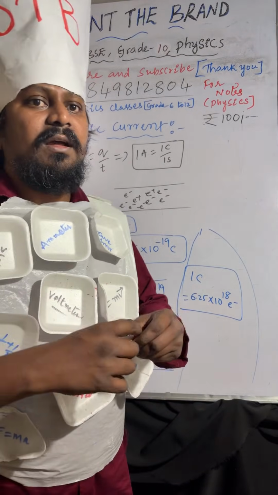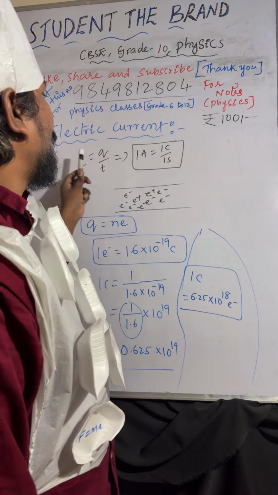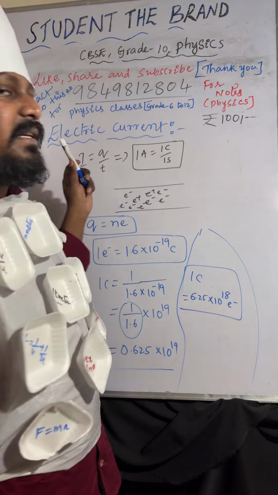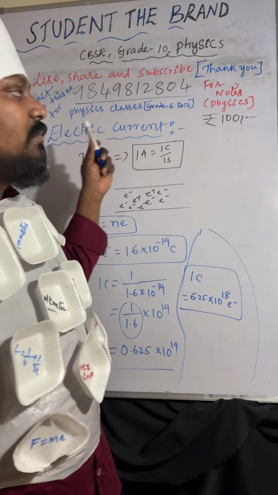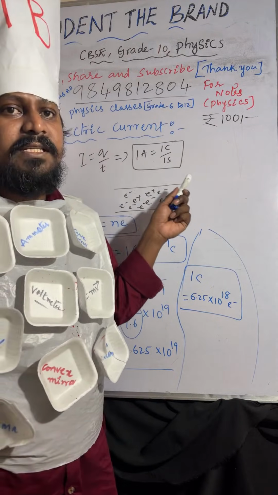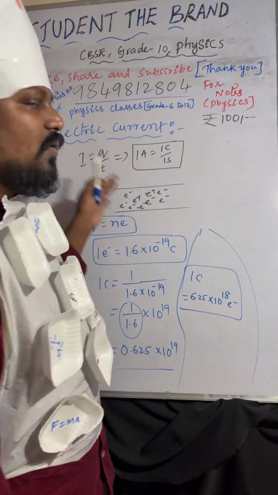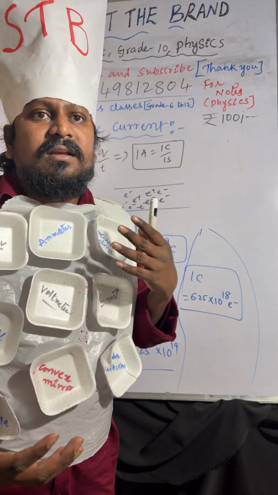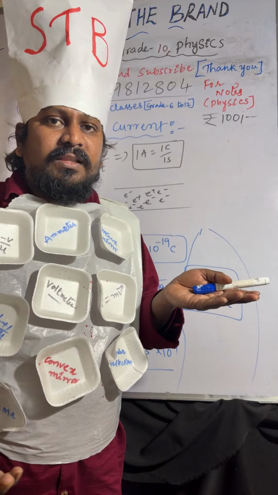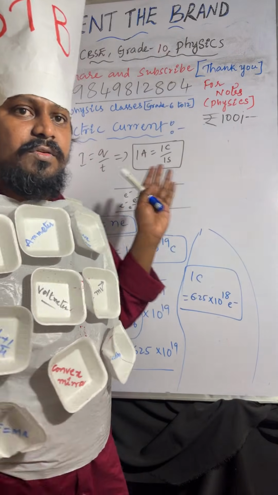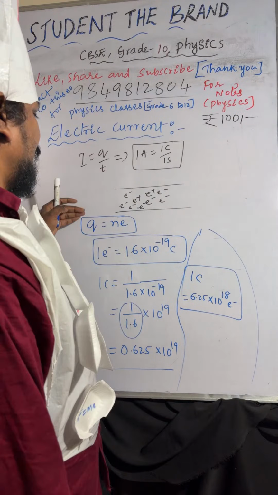So this is about electric current. I equal to Q by T. The SI unit of current is ampere, the SI unit of charge is coulomb, the SI unit of time is second. So 1 ampere equals 1 coulomb per 1 second. Quantization of charge means many charges are moving in the conductor, and then we can say current is flowing. Q equal to Ne.